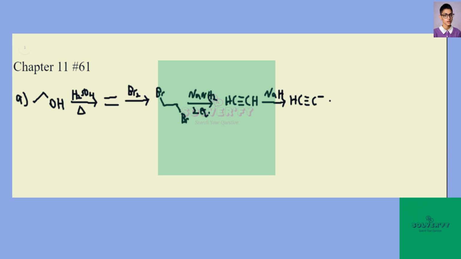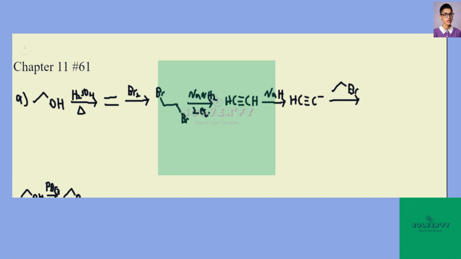And then we can use ethyl bromide. And I guess I should include, I'll put it down here. This ethyl bromide that we're using could be made from ethanol and PBr3, and that will give us ethyl bromide.